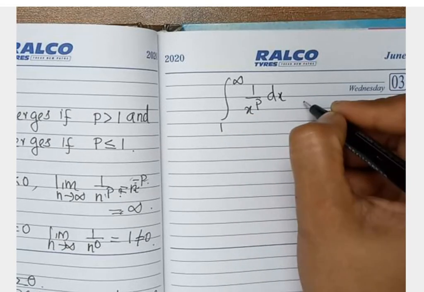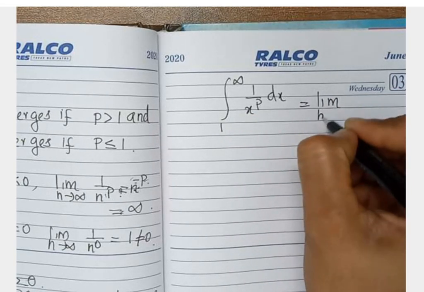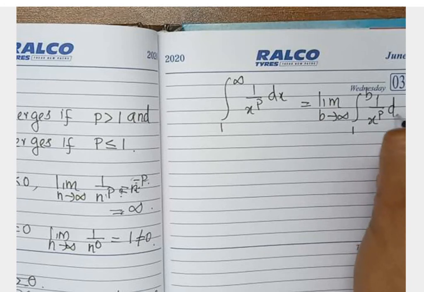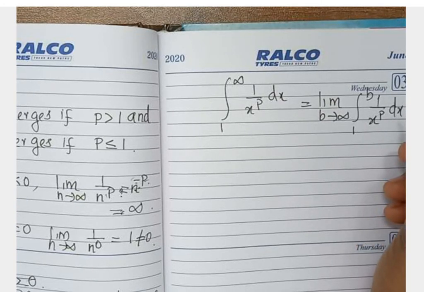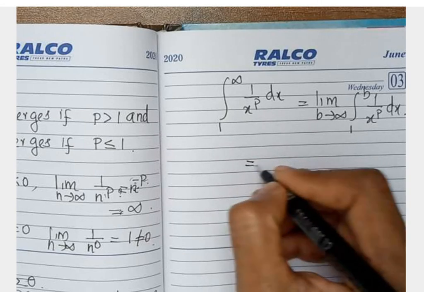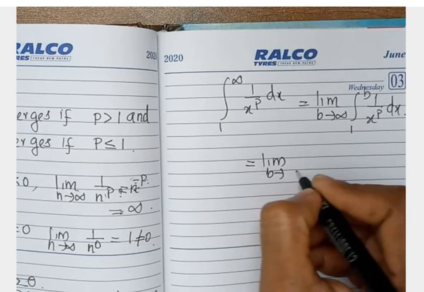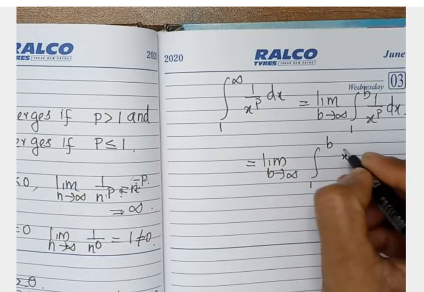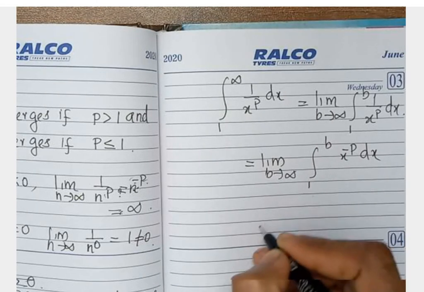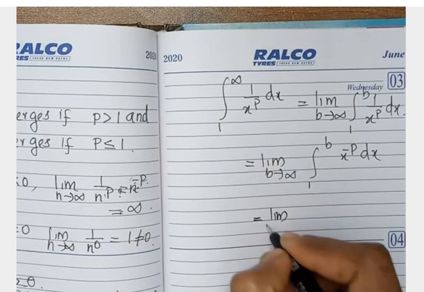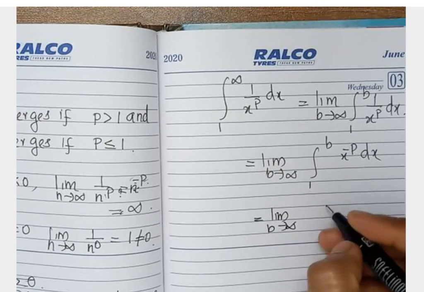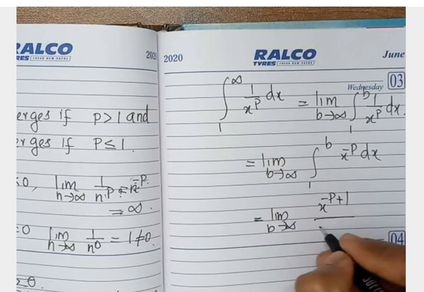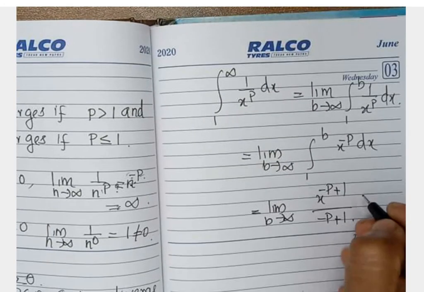That's equal to the limit as b tends to infinity of the integral from 1 to b of 1 by x raised to p dx, which is equal to the limit of the integral from 1 to b of x raised to minus p dx, which is equal to the limit as b tends to infinity of x raised to minus p plus 1 divided by minus p plus 1 from 1 to b.